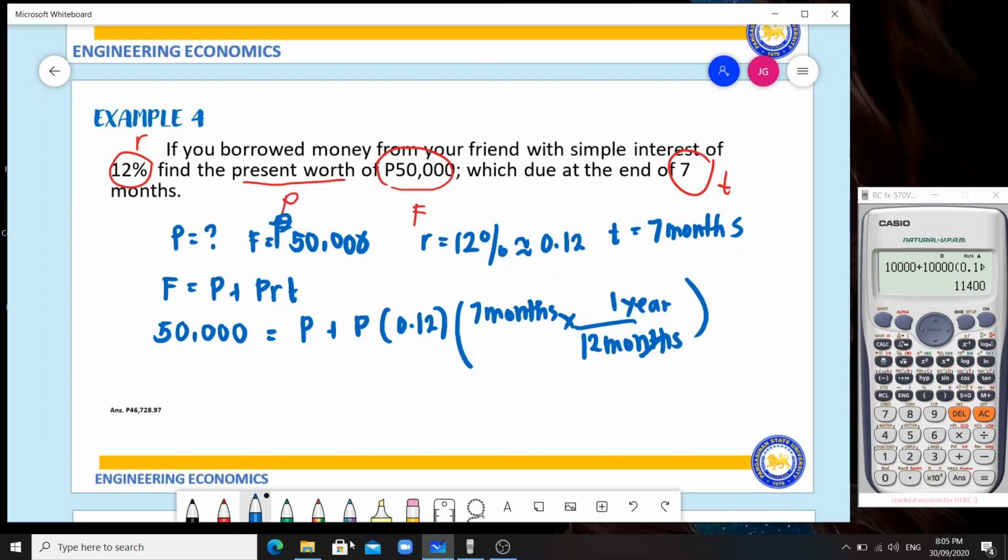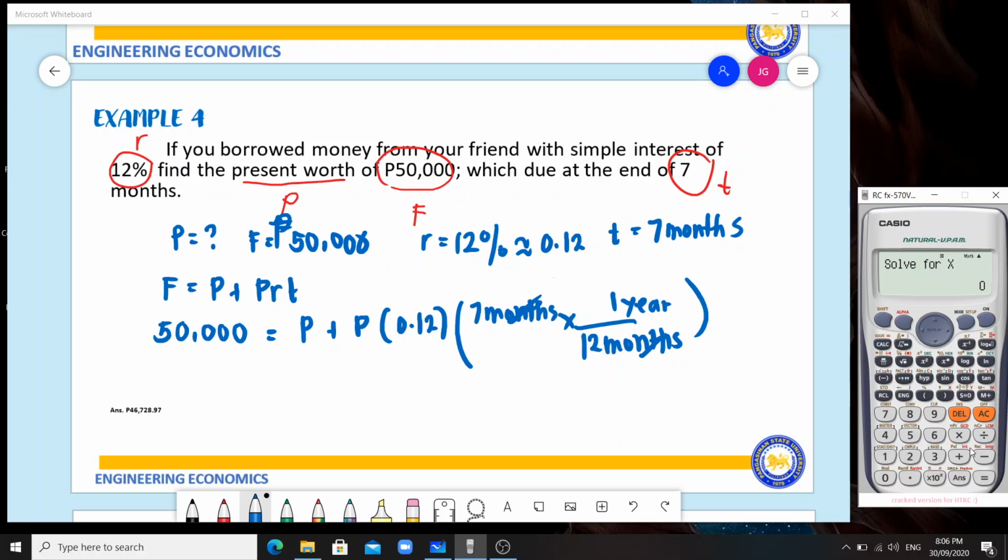Okay. So, let us, syempre madali na lang sa inyo to, shift solve. 50,000 equals alpha x plus alpha x times 0.12 times the time na 7 over 12.